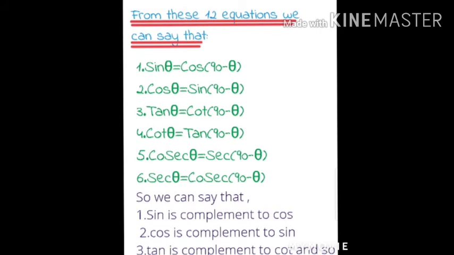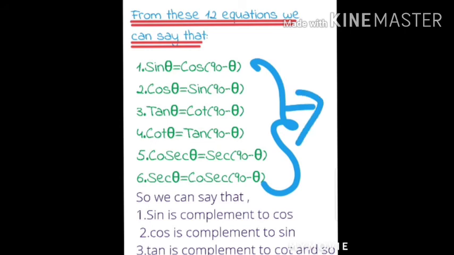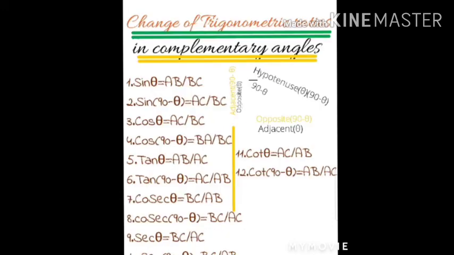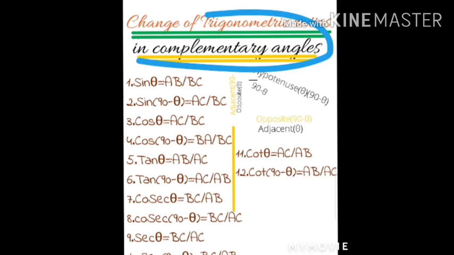Friends, from these 6 equations we can say that the sin trigonometric ratio is complement to the cos trigonometric ratio, and vice versa. Tan is complement to cot, and so on. Why is the topic named change of trigonometric ratios in complementary angles?